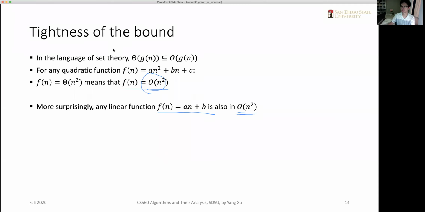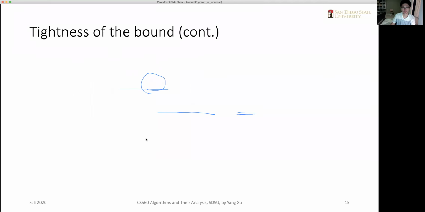That's true if we think about it intuitively, because the quadratic function grows much faster than a linear function. But that upper bound is not a tight upper bound. It's a very loose upper bound, and the distance between the upper bound and the target function becomes bigger and bigger as n increases.